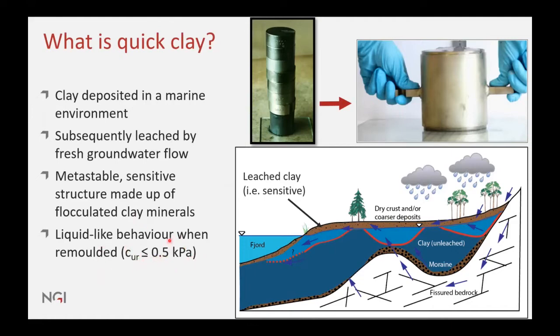In Sweden, for example, they use 0.4 kPa, while if you go to Canada, they don't use the term quick clay. They will use sensitive clays with different scales of sensitivity. So this is an important difference.